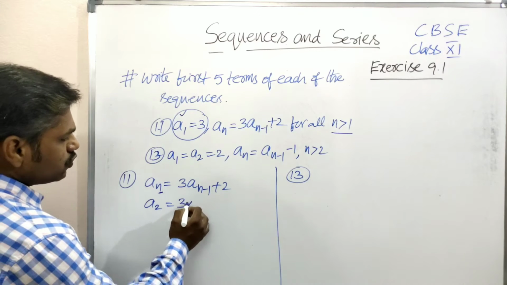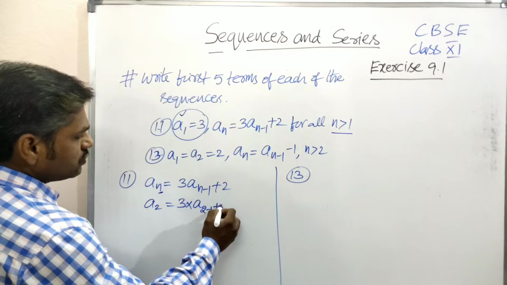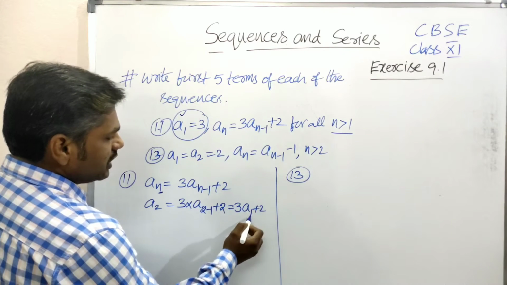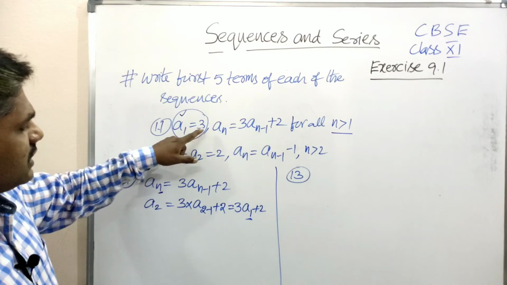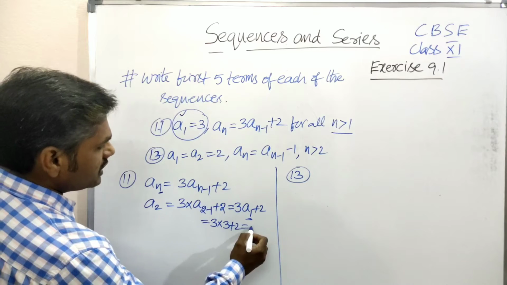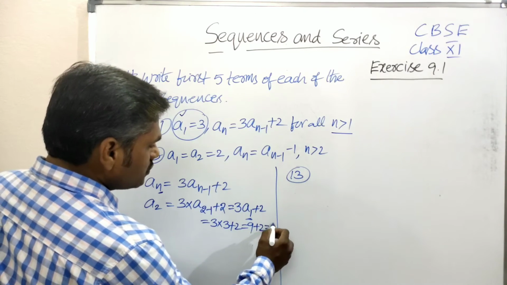So 3 into a(2-1) plus 2, which is equals to 3a1 + 2. a1 is already given as 3, therefore that is 3 × 3 + 2, that is 3 threes are 9, plus 2, which is equals to 11.